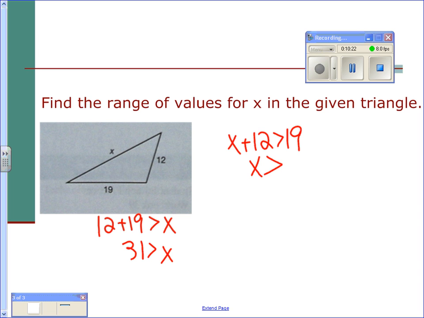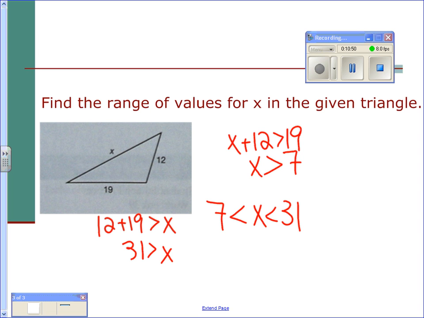Does that make sense? How would I write those as one inequality, like all together. 7 is less than x, which is less than 31. Yeah, that would be your answer. I did not account for if x is in between 12 and 19 because it could be 13, 14, 15, 16, 17, 18, right?